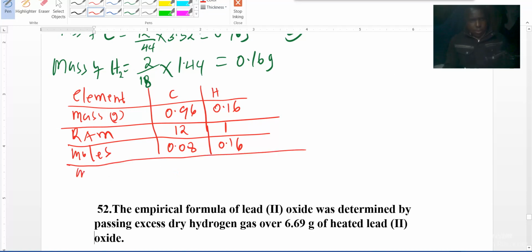Next is the mole ratio. For the mole ratio, you divide by the smallest number of moles. So the smallest number of moles here is 0.08. 0.08 divided by 0.08 is 1, and this one is 2, meaning that the empirical formula is going to be CH2. That is the empirical formula.